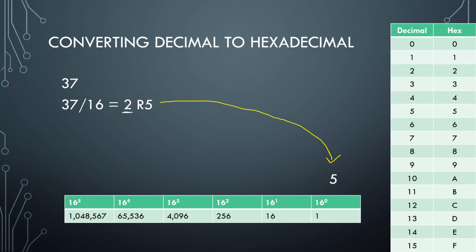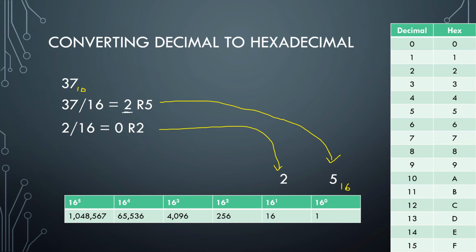All right, now we have the number 2 left, so we're going to divide 2 by 16. Of course, 16 can't go into 2, so that is going to be 0 with a remainder of 2, which we're going to write down here. So the decimal number 37, we make a little note here, this is in base 10, is equal to the number 25 in base 16, our hexadecimal.